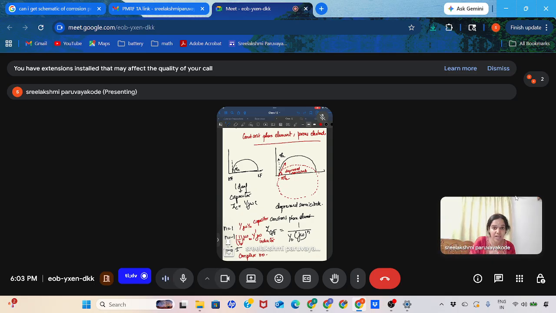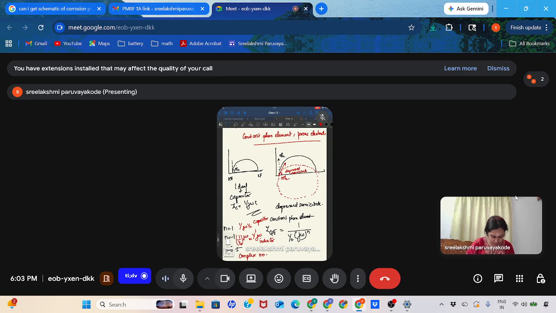Instead, we get a depressed semicircle. So this is called the constant phase element.